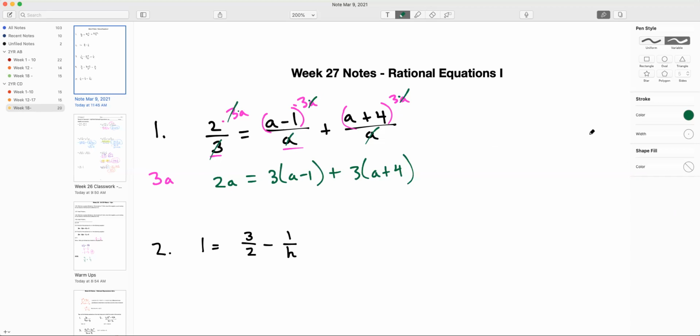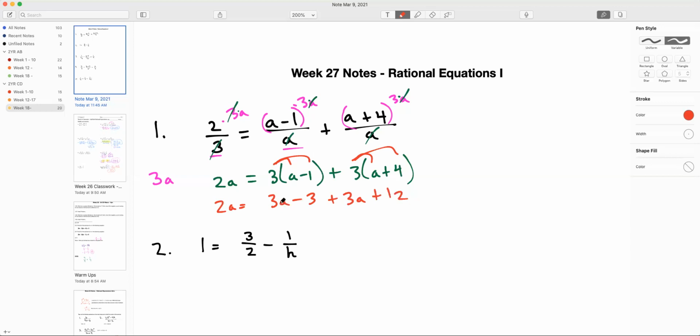So we have to multiply that 3 out, here and there. Let's distribute the 3. We got 2a equals 3a minus 3, and then plus 3a plus 12.